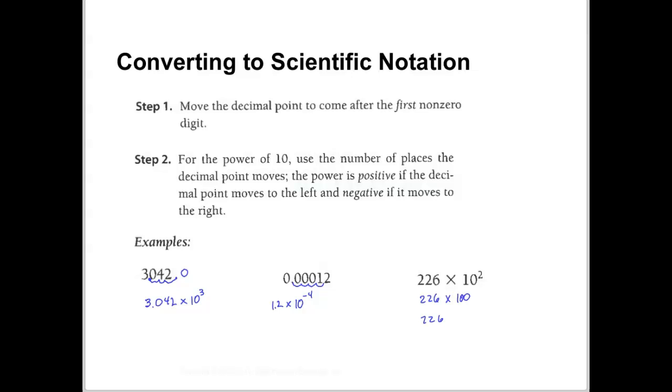So 226, add 2 zeros. All right, so it's 22,600. And so again, I'll just put my decimal place at the end. Now I'm going to move it 1, 2, 3, 4 spaces. So that's 2.26 times 10 to the positive 4th.